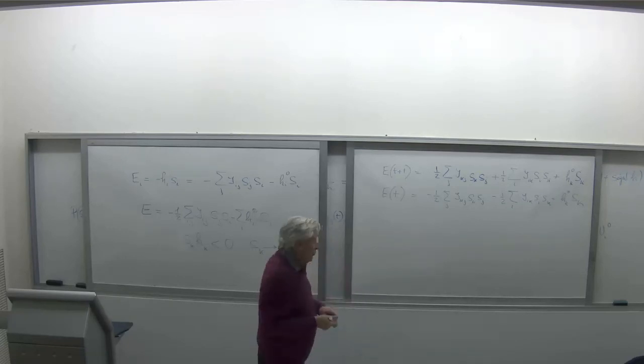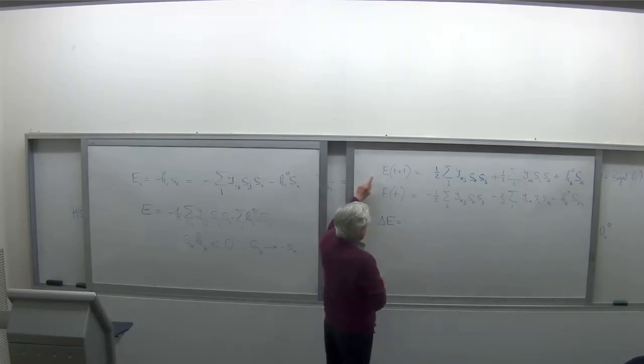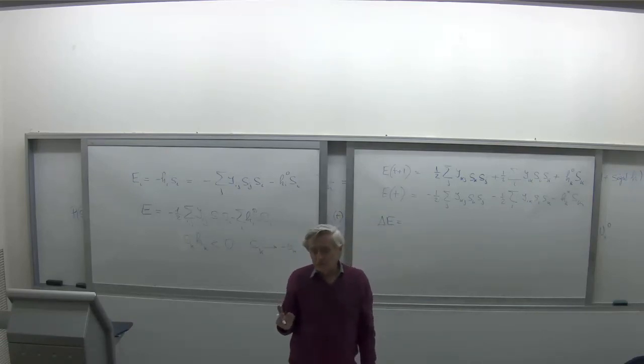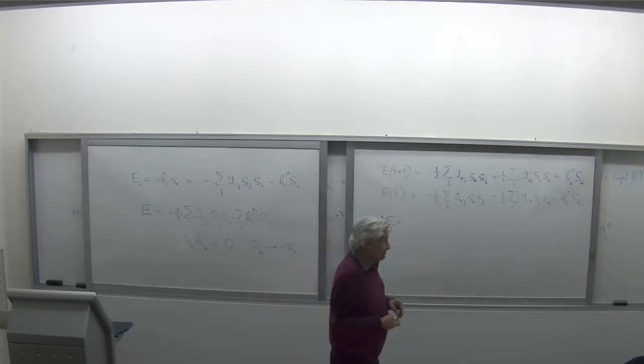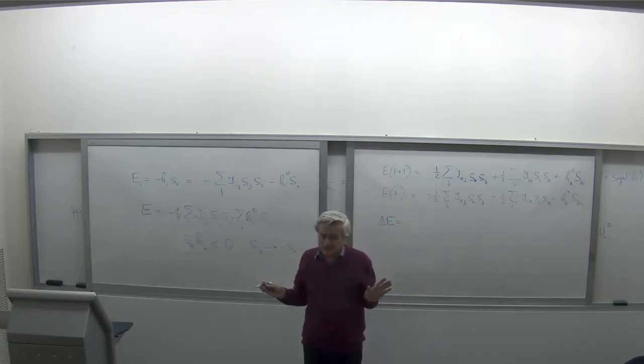And now I want to calculate delta E, which is this minus this, and it will tell me what is the change in the energy that occurred because of this. All the other terms are the same here and the same here, and therefore they cancel.